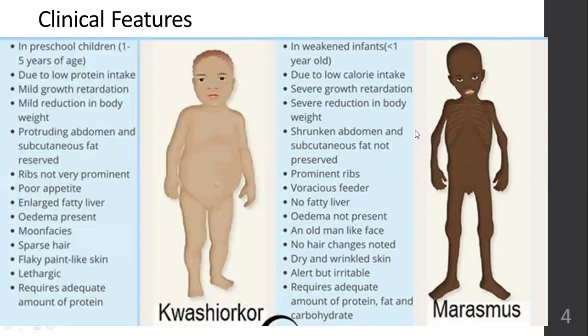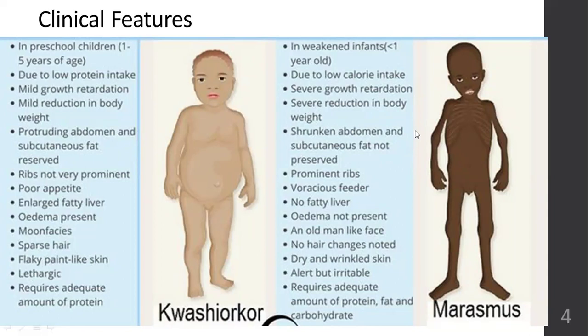Next, you have kwashiorkor. The word kwashiorkor is from an African language, which means an elder child, disease of an elder child. Why elder child? Because in the majority of cases, this disease is seen in children between the age of 3 to 5.